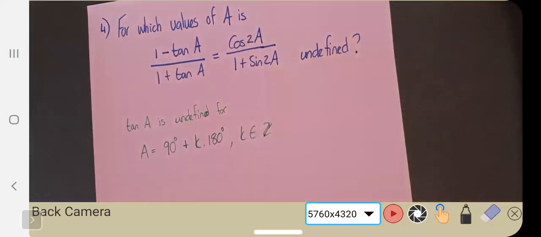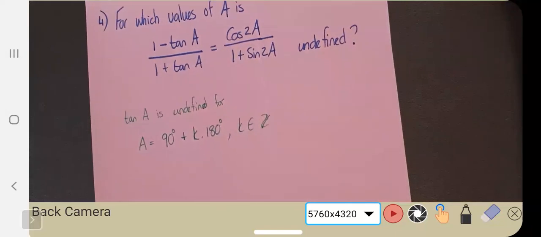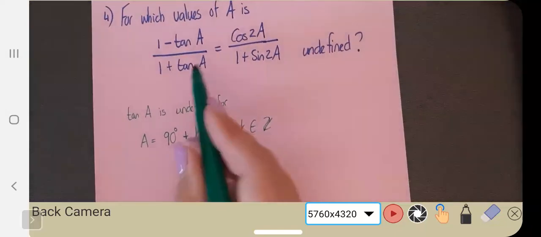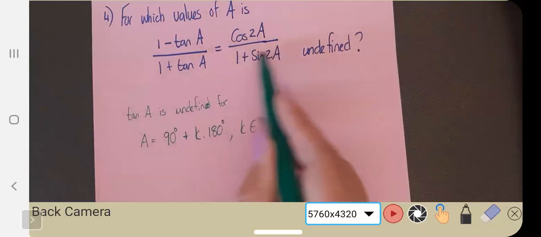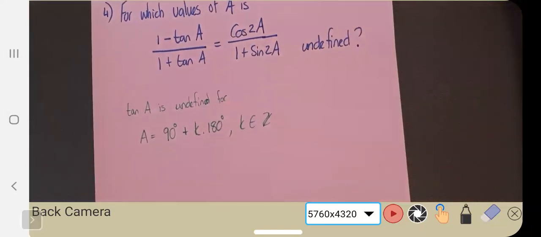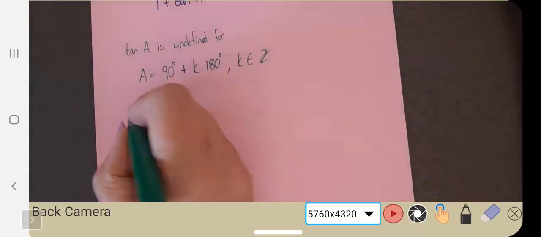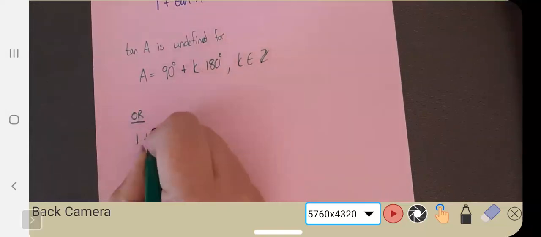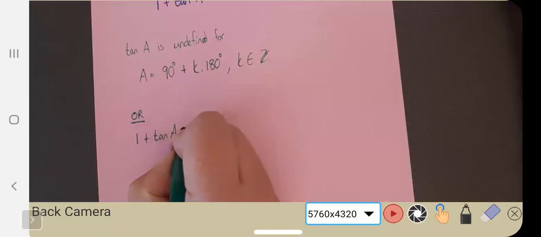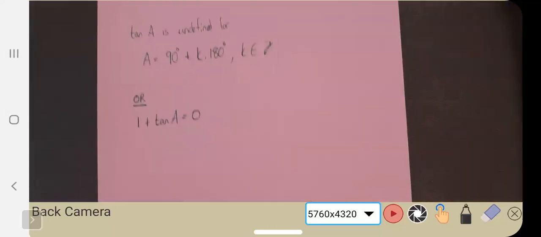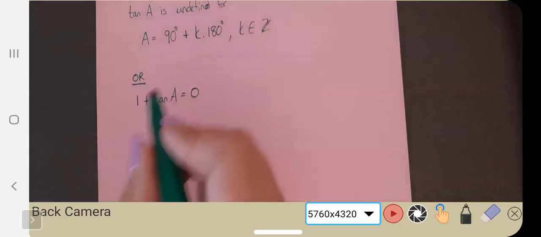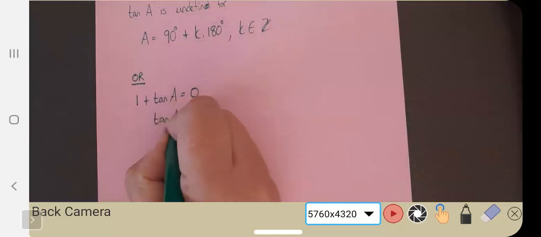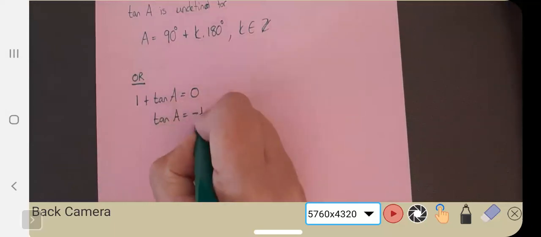So that covers tan on its own. Now we must also say for these denominators, or where 1 plus tan A equals 0. And tan A will therefore be minus 1 over 1.